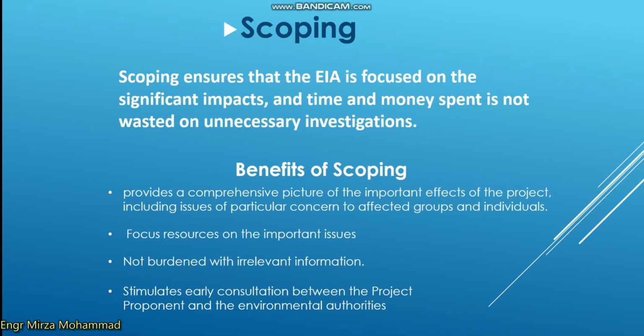It focuses on the significant factors because of which the environment is facing problems and is being impacted. It focuses on using time properly and saving money, and also eliminating unwanted or unnecessary things from the investigation.